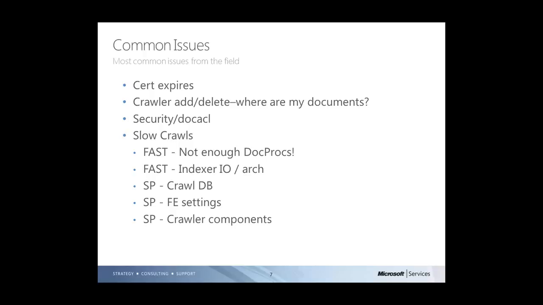But let me just give you a summary on this slide, because if you take anything away from this talk at all, these are the things that you should really look at if you have any issues with crawlers slowing down on your systems. Docprocs will use up RAM, and you can add them until RAM is completely taken up.